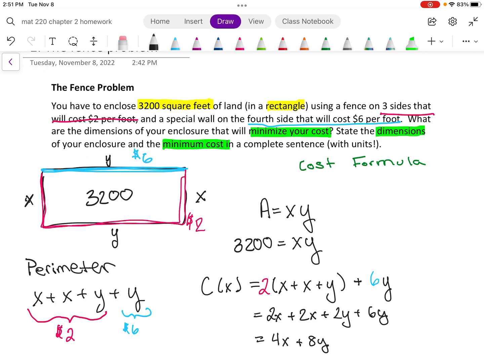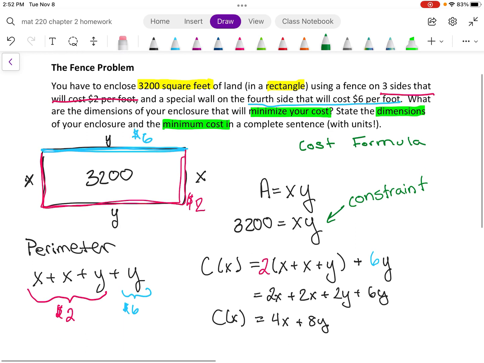Now I need to worry about the fact I have two different variables here because I have x and I have y, but I want to make cost a function of x. And so because of this, we're going to go up to what we often refer to as our constraint formula. And this is sort of creating the limits on our function we want to minimize or maximize.